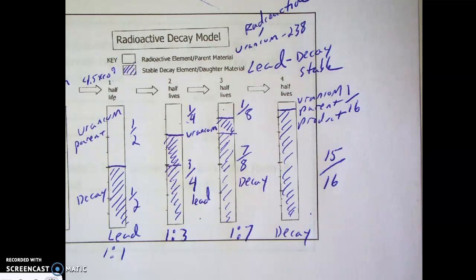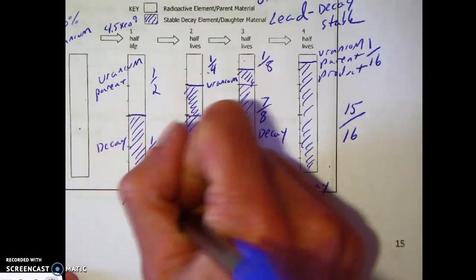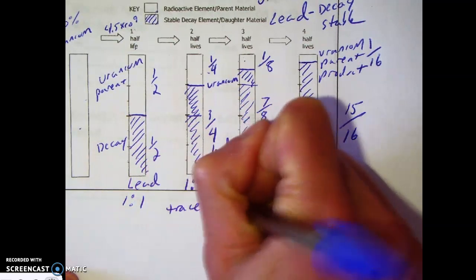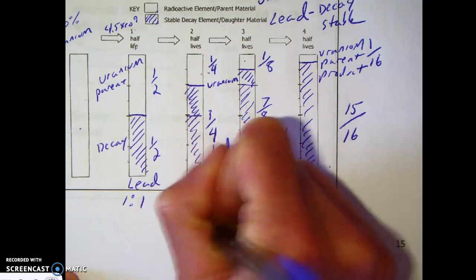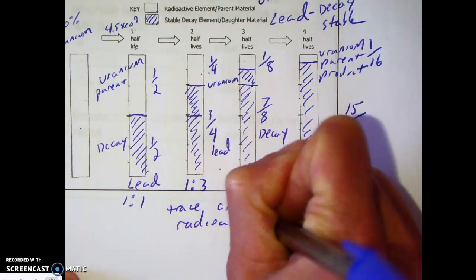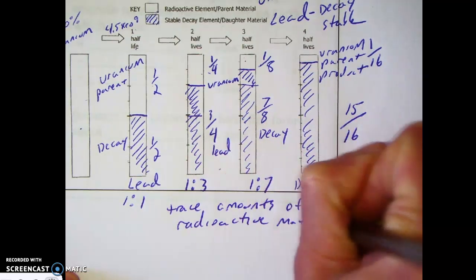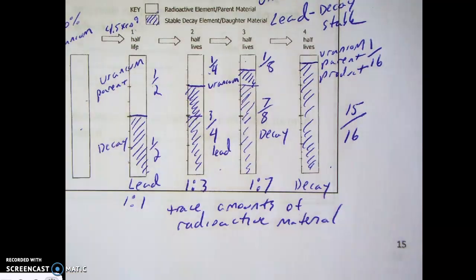Most rocks have trace amounts of radioactive material in them. Barely enough to even measure, certainly nothing dangerous. But we don't have to be talking about nuclear power plants and atomic bombs to be talking about this process.